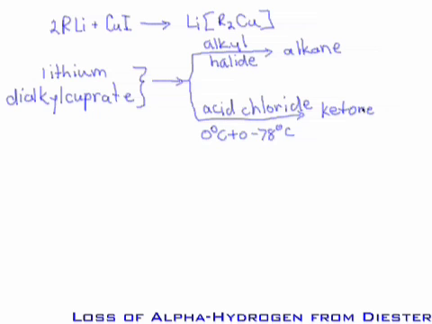But another source of carbanion chemistry is the formation of carbanions because of the loss of alpha-hydrogens from carbonyl-containing molecules. Enolates, if you like. Now, one that would be related to carboxylic acid derivatives would be the utilization of a diester, such as diethylpropanedioate or diethylmalonate.